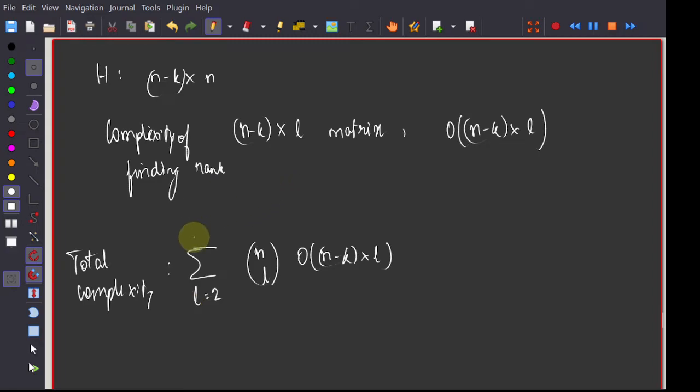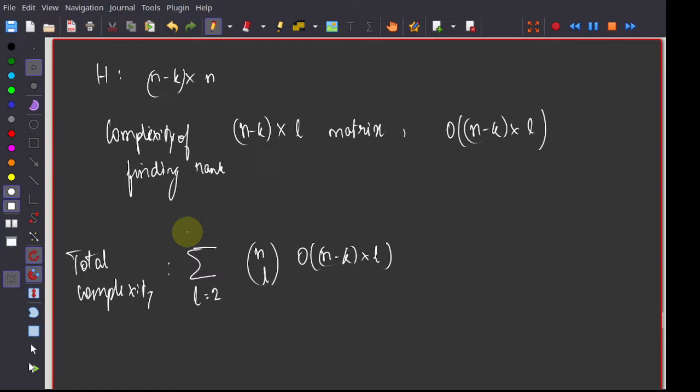Right? Till what point do I have to go? Sorry? D? Why d minus 1? So I don't know what the minimum distance is. Right?